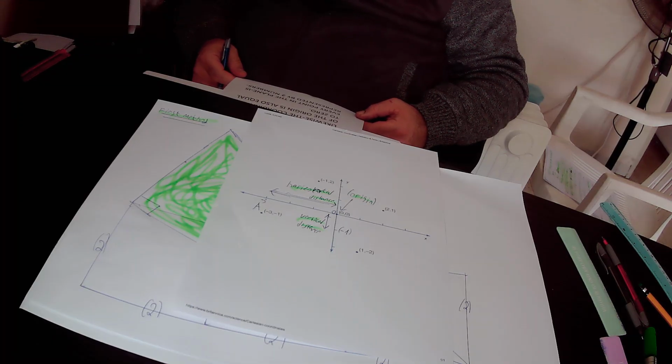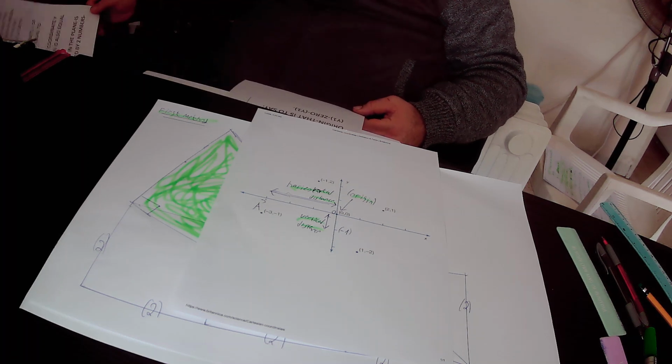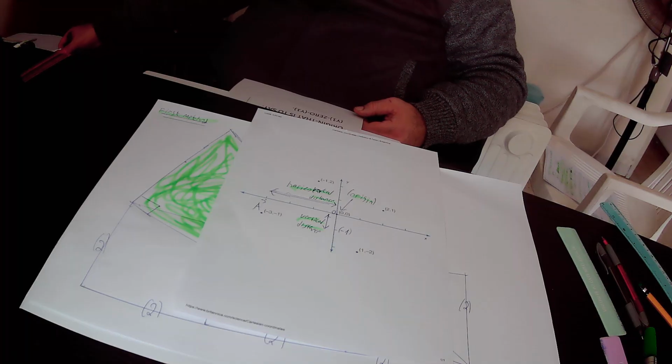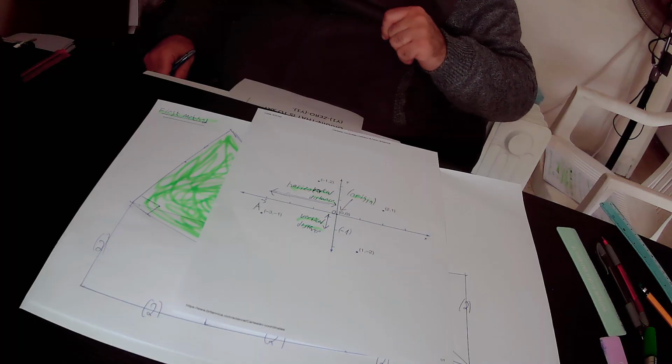Every point in the plane is represented by two numbers. The first number represents the horizontal distance.